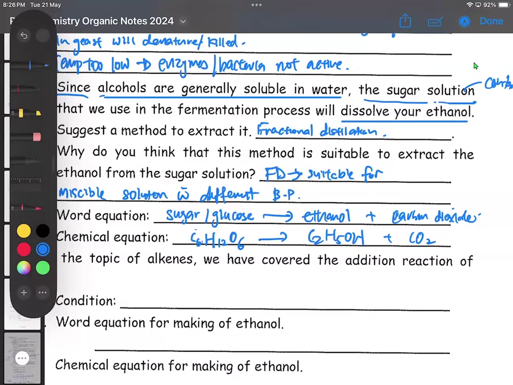If nothing goes wrong, the balanced equation will be 2 in front of the ethanol, 2 in front of CO2.